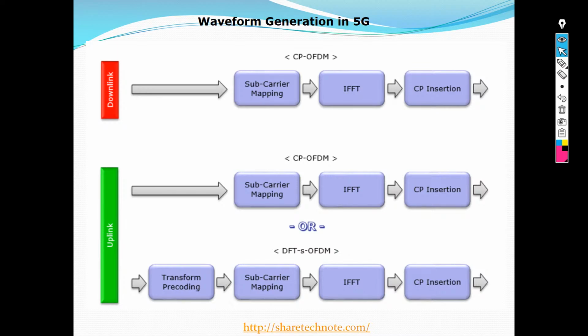But we mentioned one important point: DFT spread OFDM has a very important feature, that it reduces the peak to average power ratio, and that's why we need to use it in the uplink, because the power amplifier capabilities at the user device, the smartphone, are not that high. That's why we cannot always use CP OFDM in all cases.